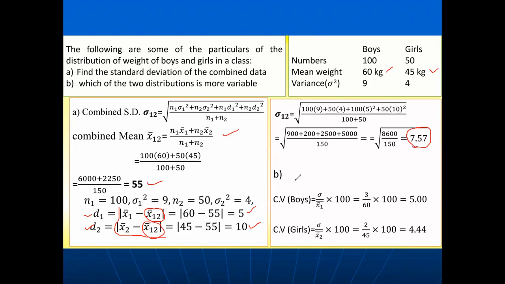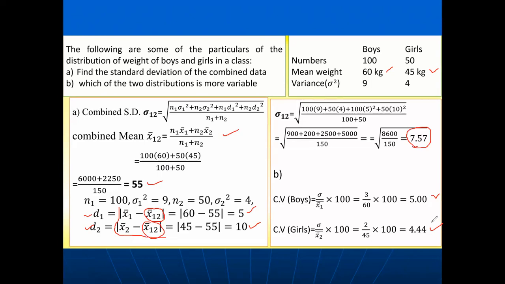Based on this, I have to calculate CV. CV is the coefficient of variation. Coefficient of variation is nothing but standard deviation divided by mean, into 100. So for the boys, I'm getting 5, and for girls, I'm getting 4.44. The higher the coefficient of variation, the more inconsistency there is. The lesser the coefficient of variation, the more consistency there is.